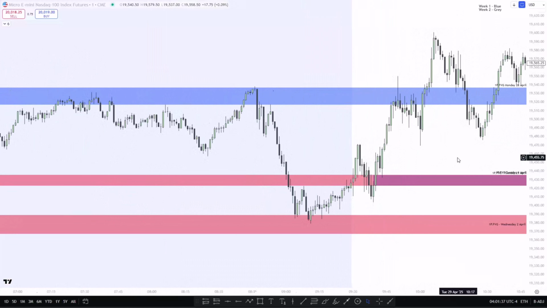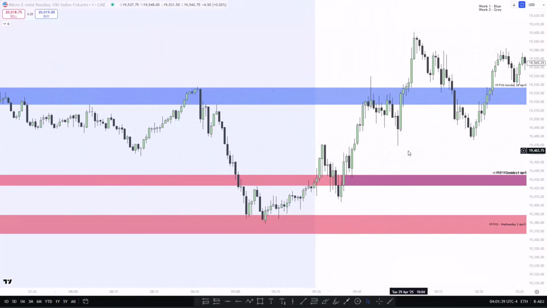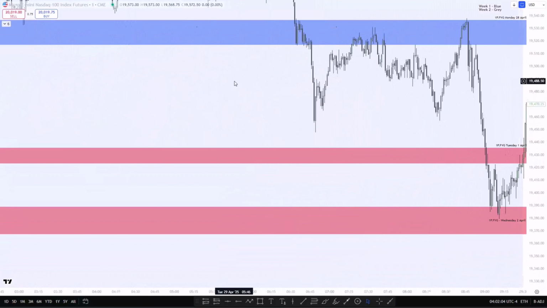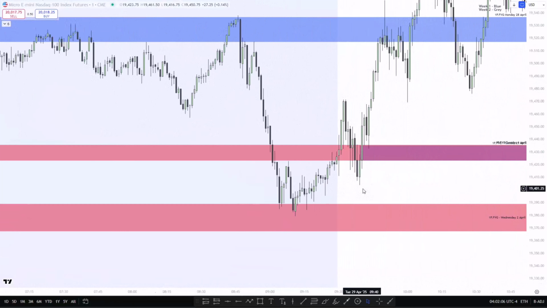Of course, you want to have a reasonable range to work with, and also you need to have the rest of your understanding of price action and time in order to fully understand how to trade this. But overall, this is how you do it. And I think it's a very, very powerful instrument to have.